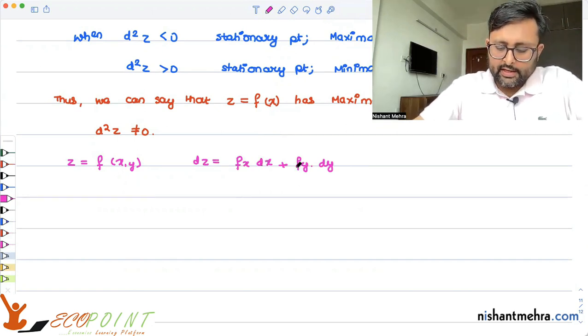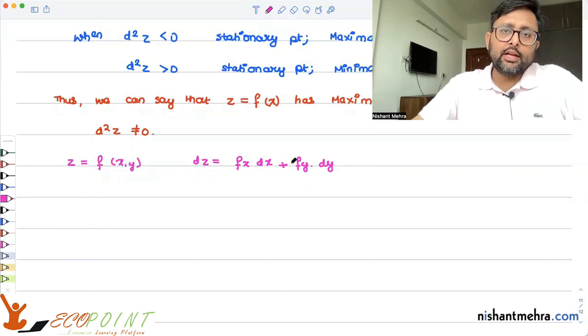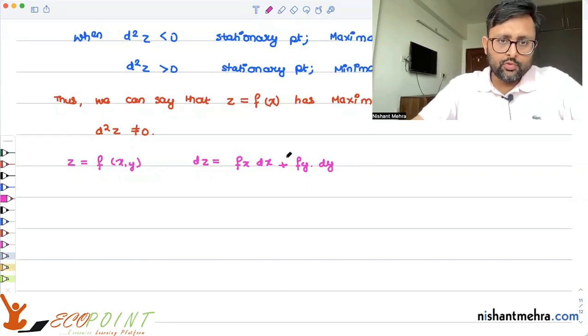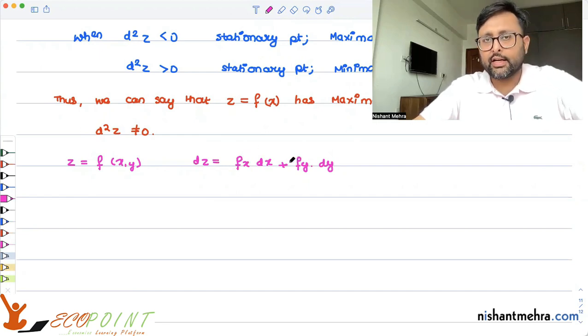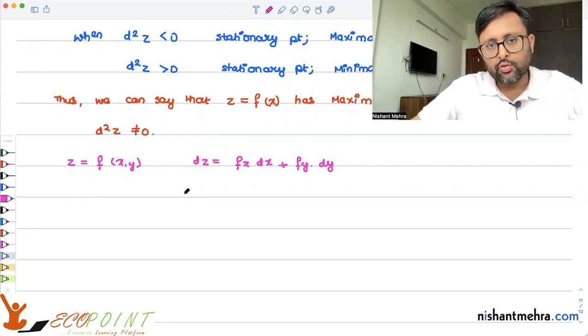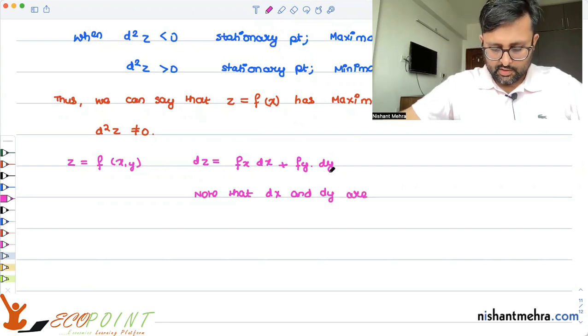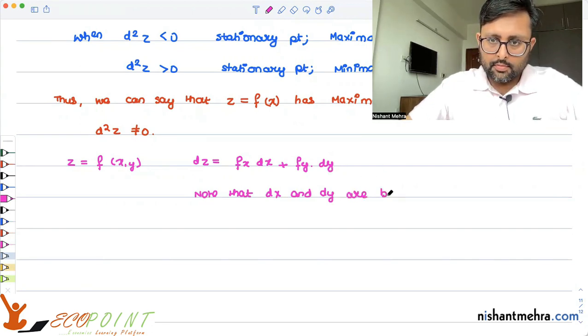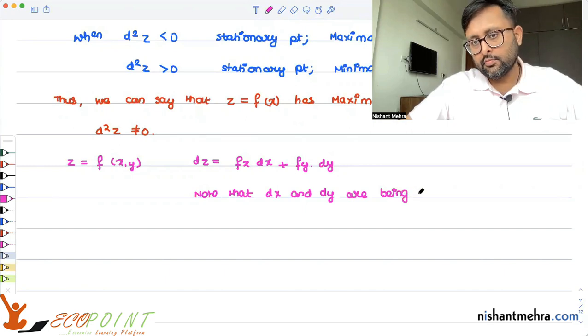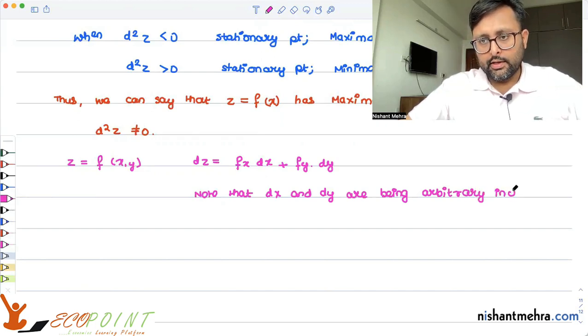So dx and dy are the arbitrary increments. Assuming that they are non-zero constants, dz is going to be 0 when fx and fy are 0, right? So note that.